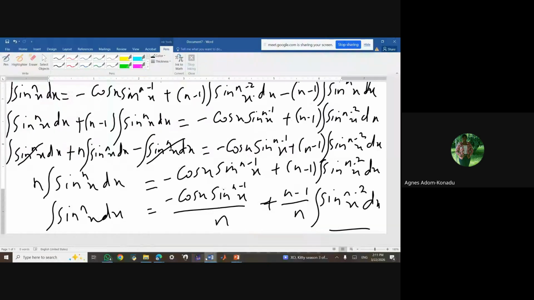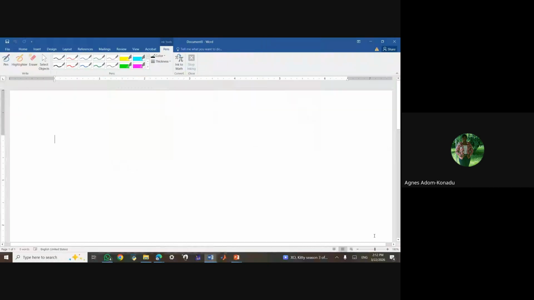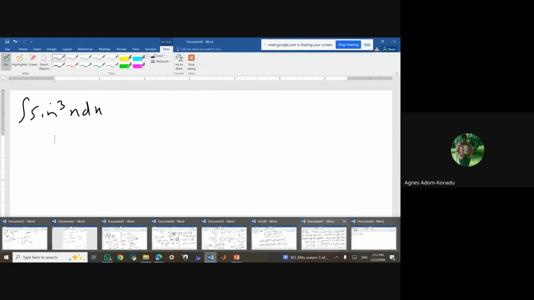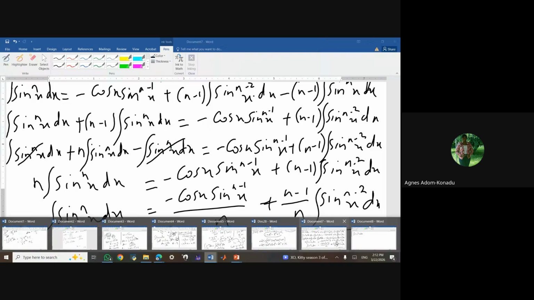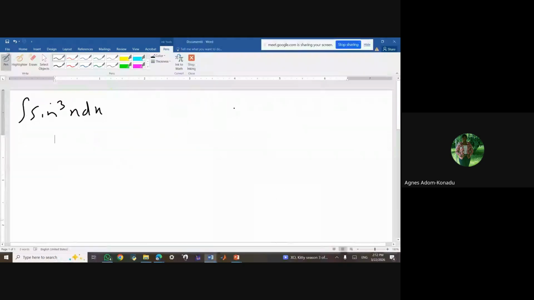So I want to use that to solve integral sine to the power 3x dx. I want to use the integration formula we just constructed to solve this.